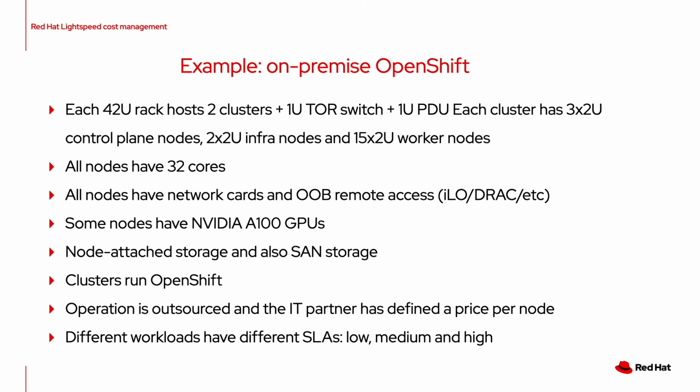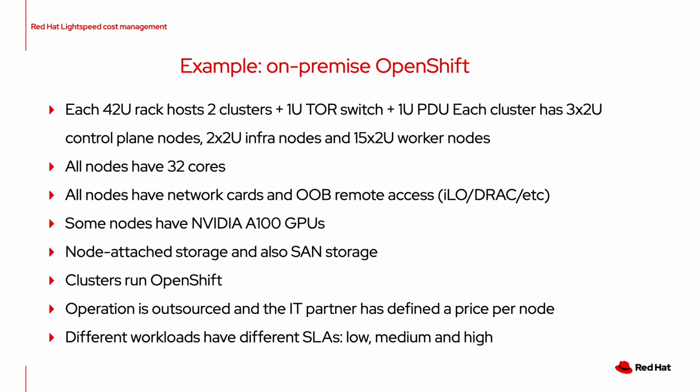And for my storage, I have node attached storage for booting the operating system, maybe. And then I have SAN storage, like the mass storage, right? All of my clusters are going to run OpenShift. And when I say OpenShift, that's OpenShift, OpenShift AI, OpenShift virtualization, OpenStack on OpenShift, doesn't matter. Cost management can do it all.